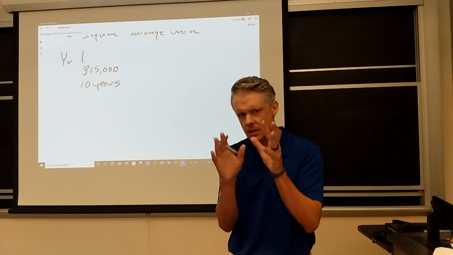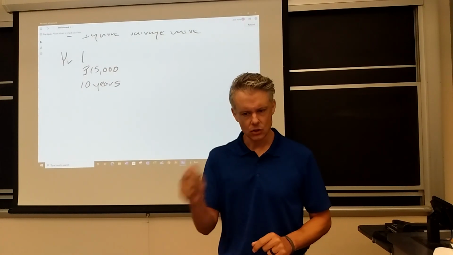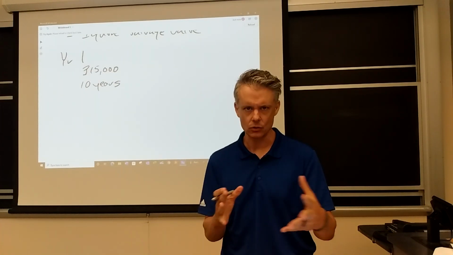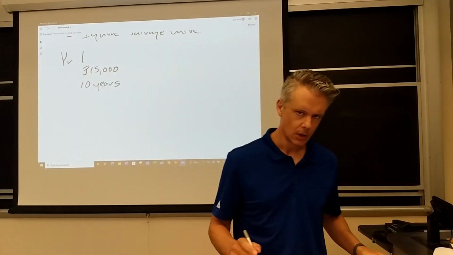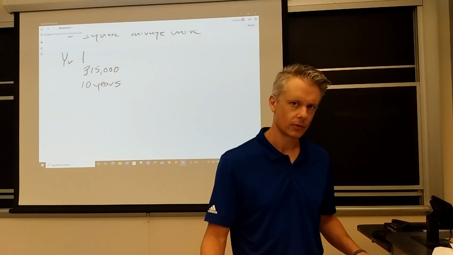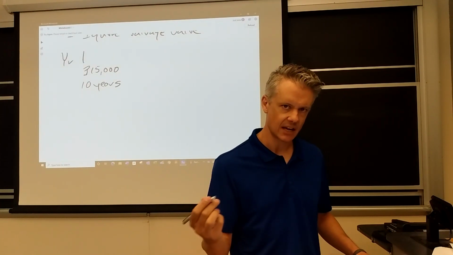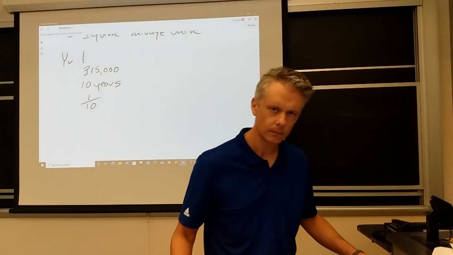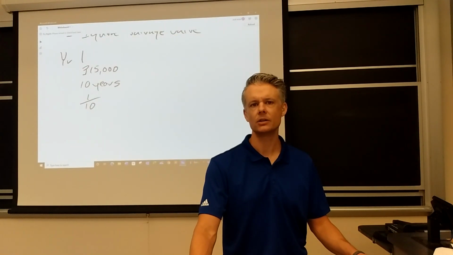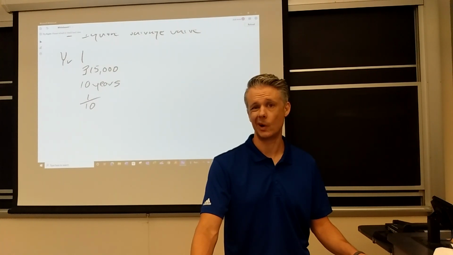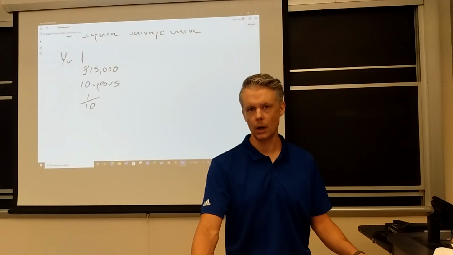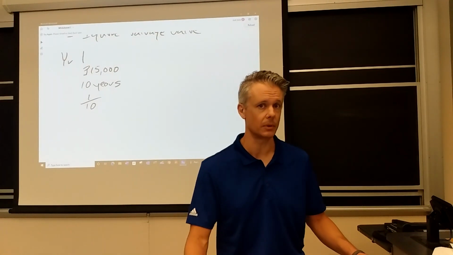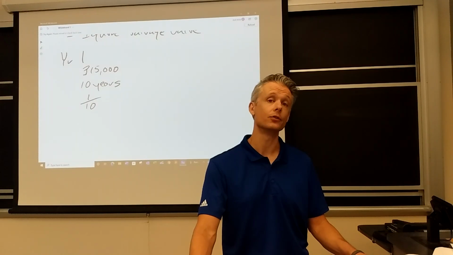Now let's think about this rate. And let's go back to how we introduced this and how it's tied to the straight line method. When we did straight line method for this asset, essentially what we were saying was each year of depreciation is equal to 1/10, 1 out of 10 years. Or if we think about it on a monthly basis, it would be 1 out of 120 months.